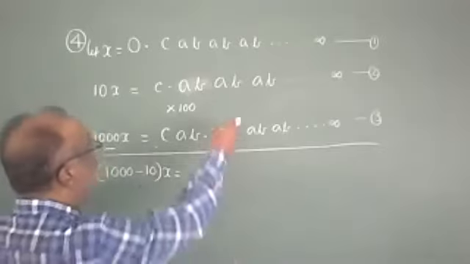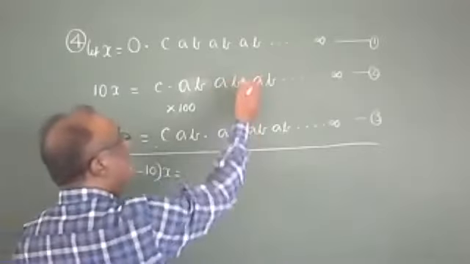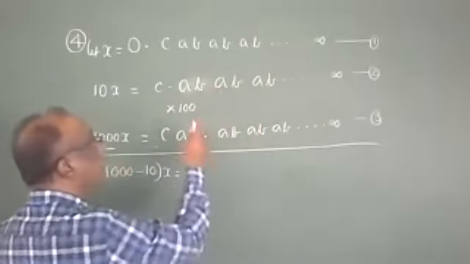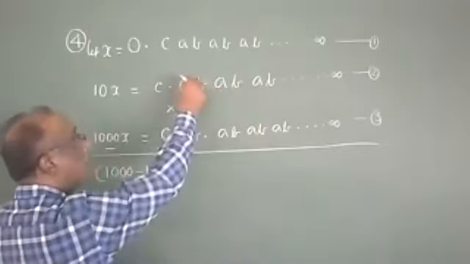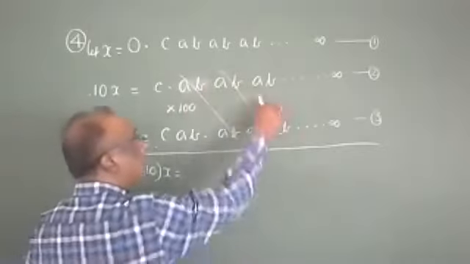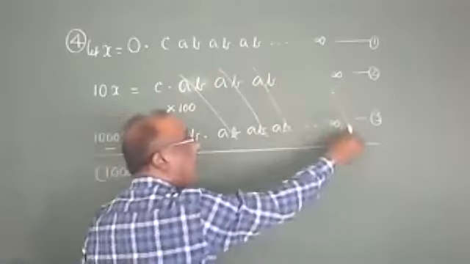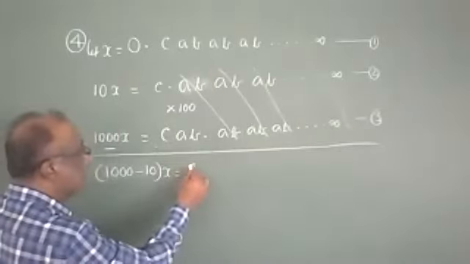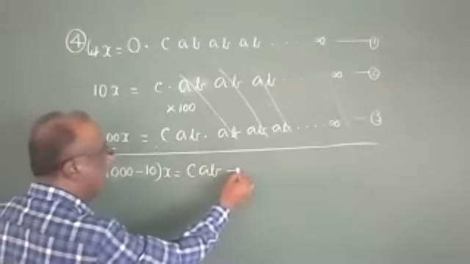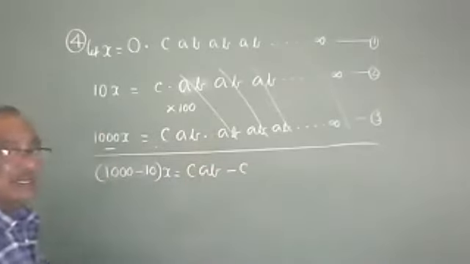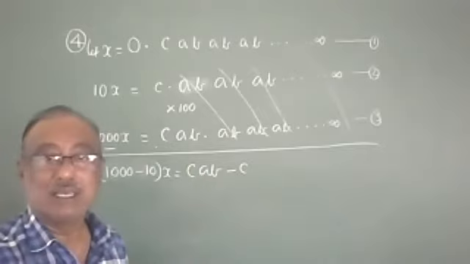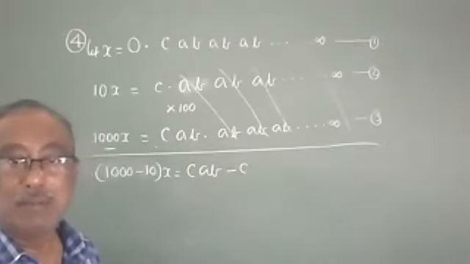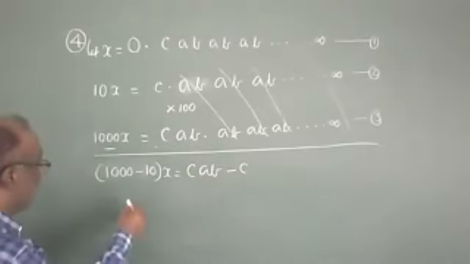In this one, the ABs up to infinite are cancelled. What remains is CAB minus C. CAB minus C, is it clear, everyone?